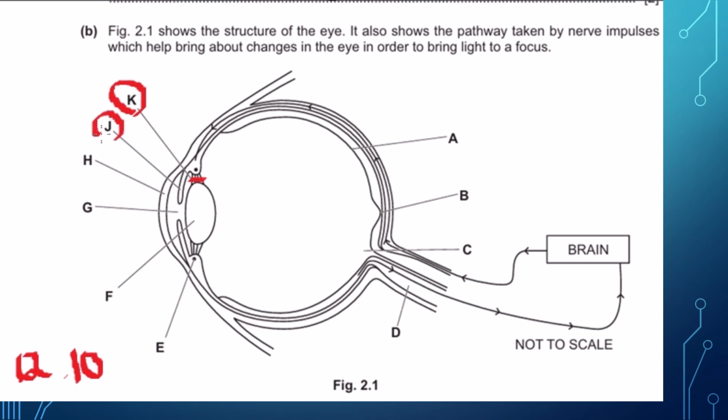Here in J we have our iris. H here we have our cornea. G we have our pupil. F here is our lens. E here is our ciliary muscle.